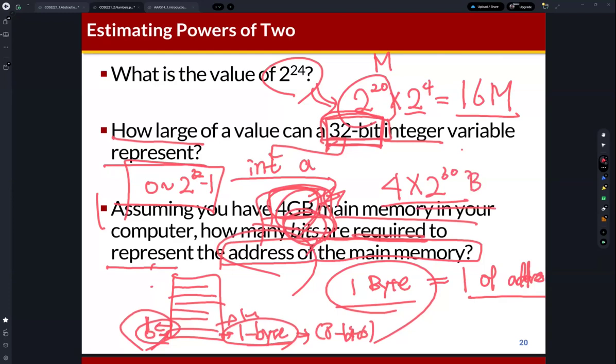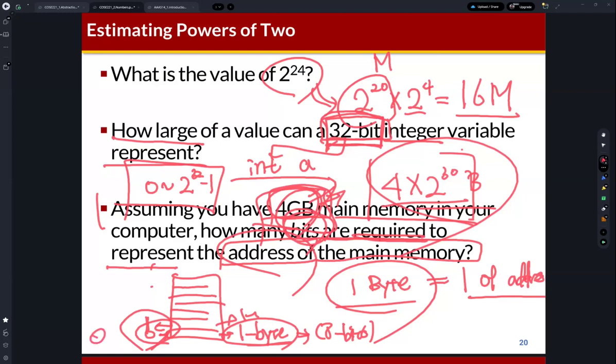Okay, so the address needs to represent up to this number, right? So this is the maximum number that can be represented using the address. Do you understand? Then how many bits are required for representing this number?